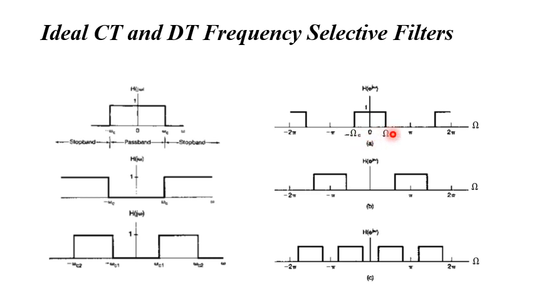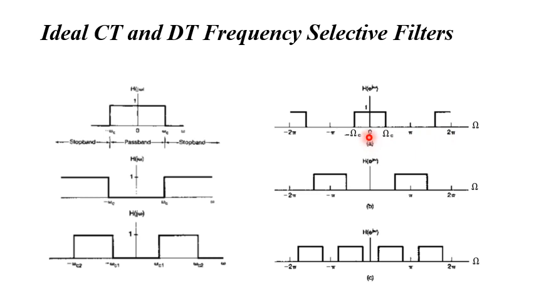We also say that frequencies at integer multiples of odd pi are those signals that have the highest frequencies, and the signals having frequencies near 0 or near 2 pi have the lowest frequency, and they are the same.